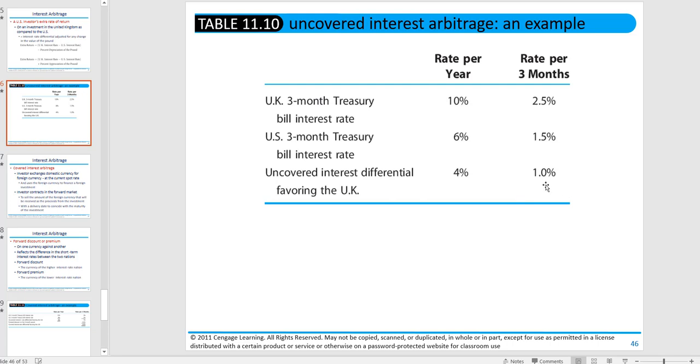But it's not guaranteed that your profit is going to be 1% if you invest 3 months, or 4% if you invest for a full year, because we need to take into account how much the pound will fluctuate during this period. So you want to do a covered investment, meaning, for example, buy one of the forward contracts to guarantee, to lock the exchange rate when you're going to bring back those pounds into dollars.